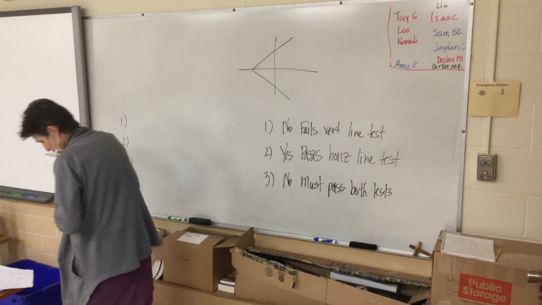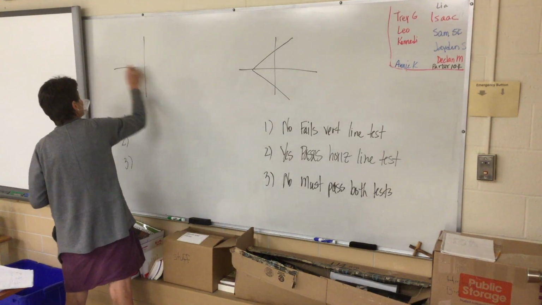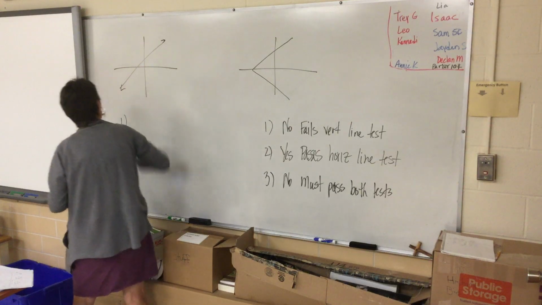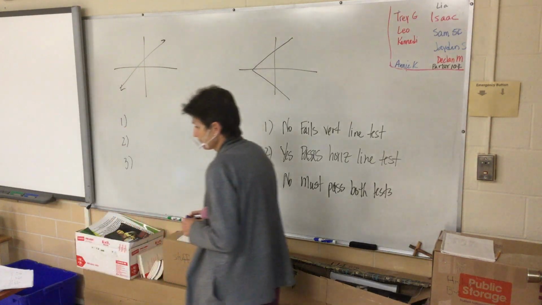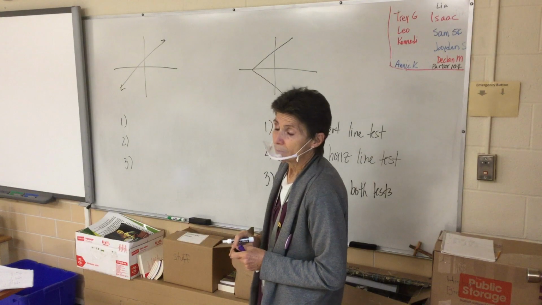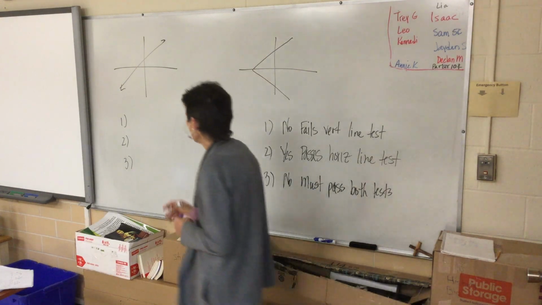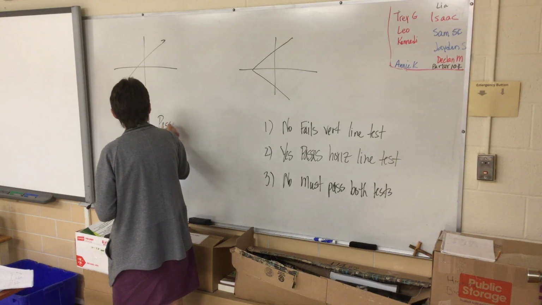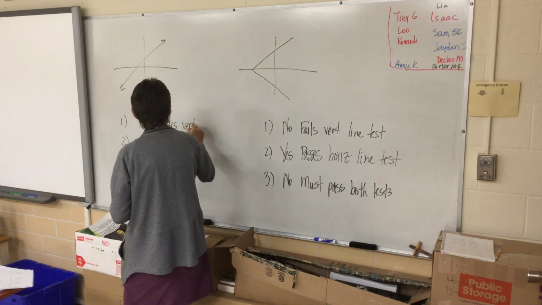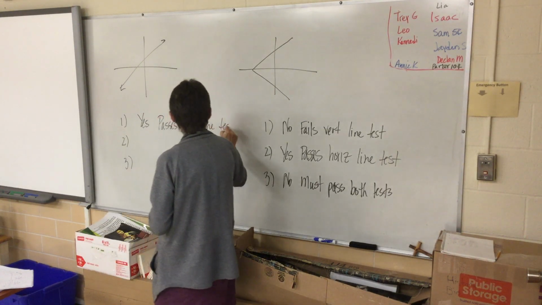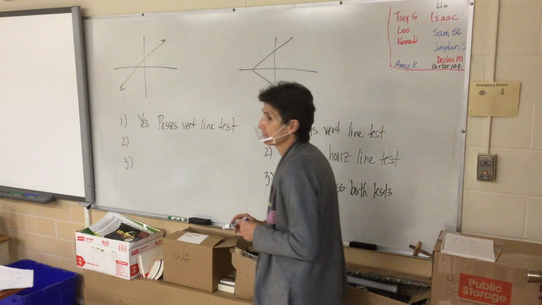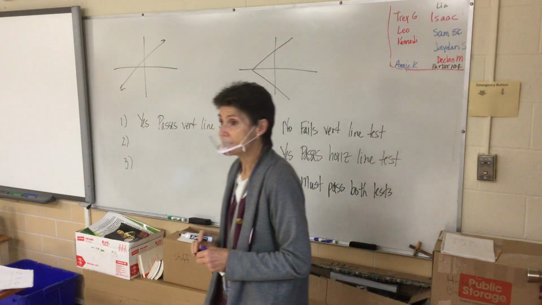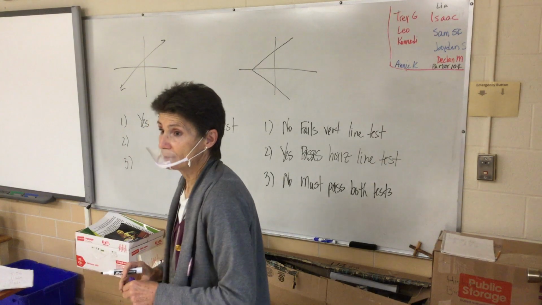All right, we got one more of those. We have a line. Is it a function? Yes. Passes the vertical line test. When somebody says to you, is this a function?